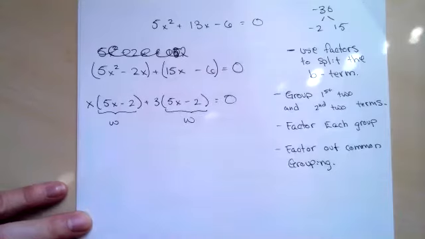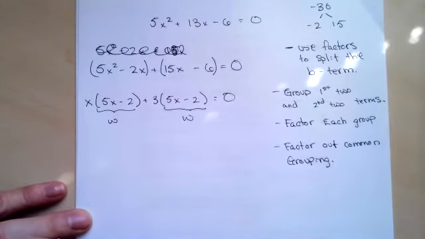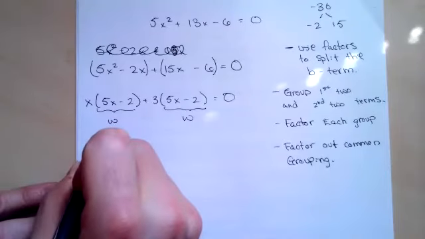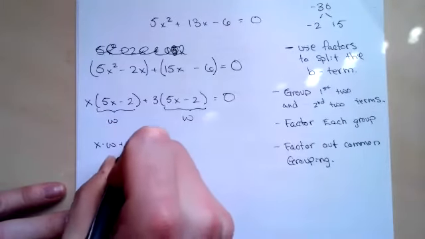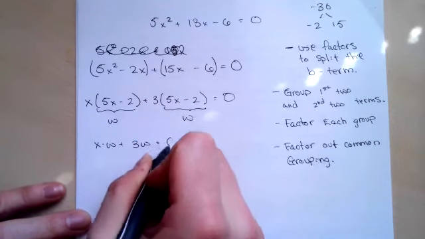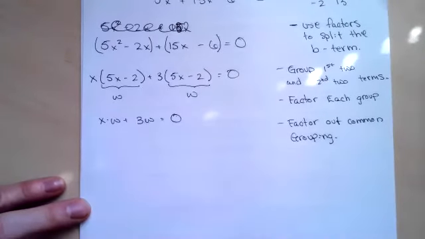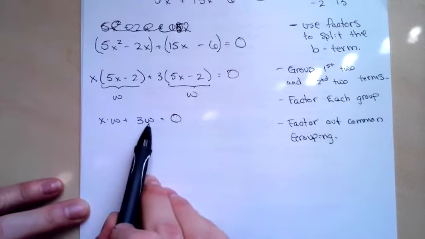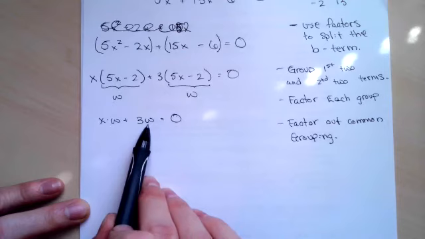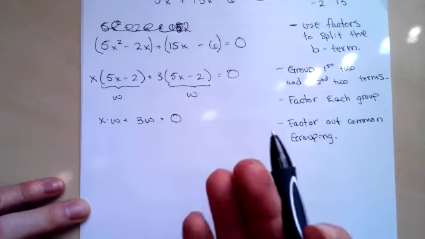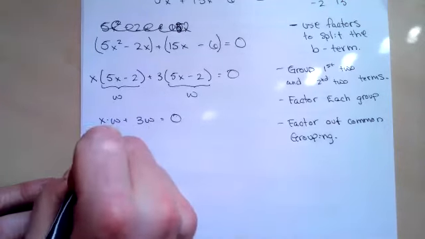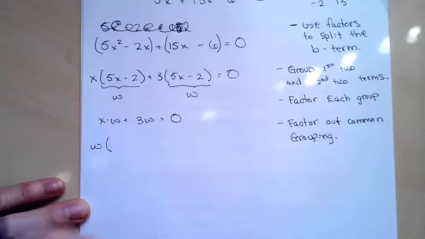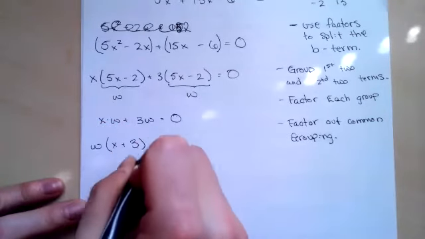And this, of course, 5x minus 2, is also W. If I'm just calling W equal to that expression, then really what we have is x times W plus 3 times W equals 0. And what we want to do is factor from these two terms. The largest factor each of them have in common is this W. So I can factor out the W, and what do we have left? x plus 3.